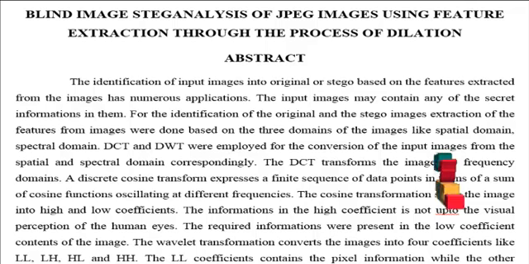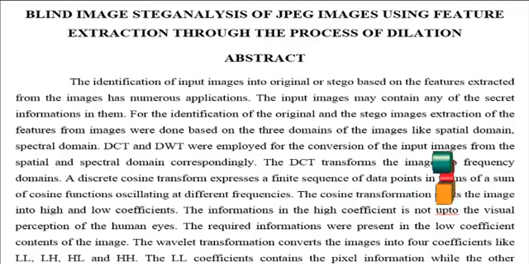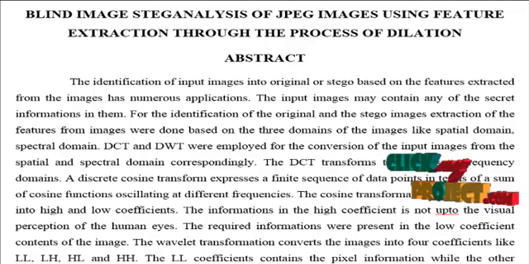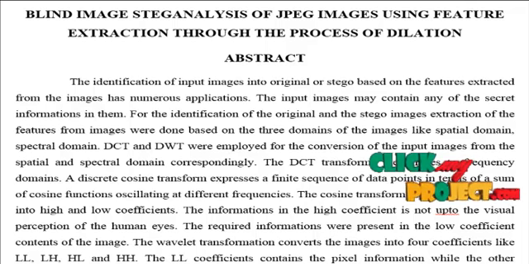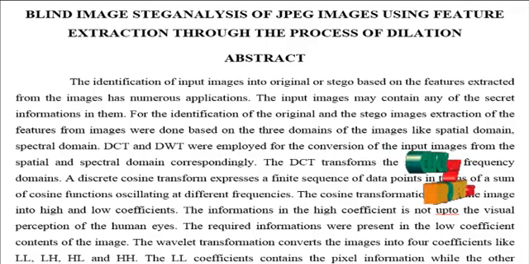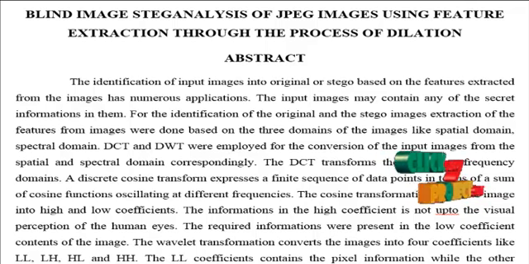The cosine transformation splits the image into high and low coefficients. The information in the high coefficients is not up to the visual perception of the human eyes. The required information is present in the low coefficient contents of the image.